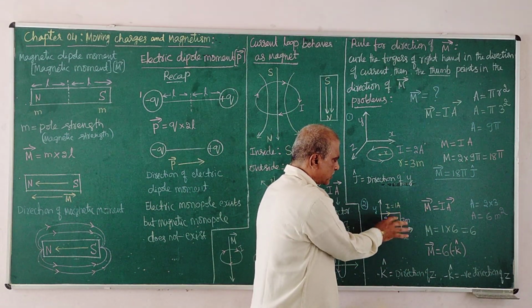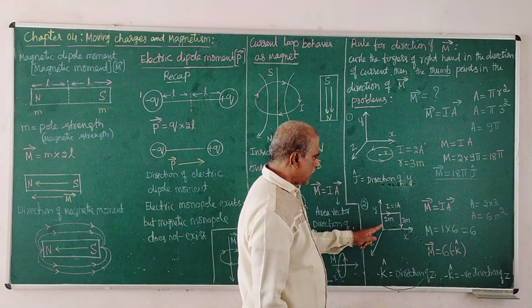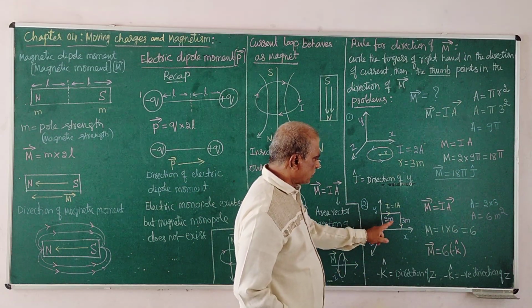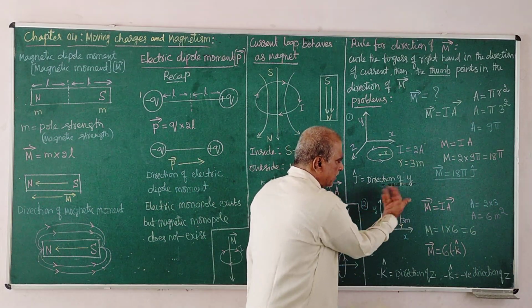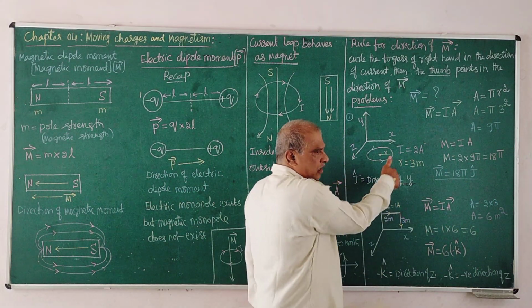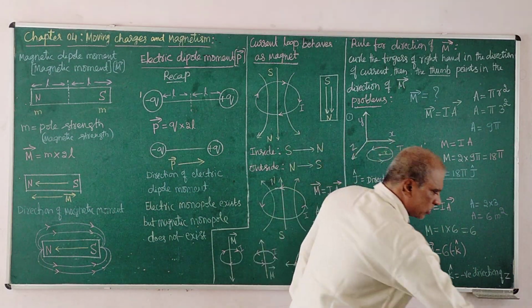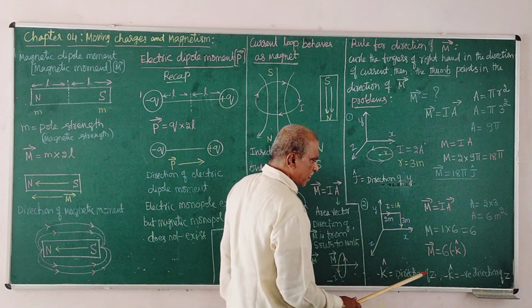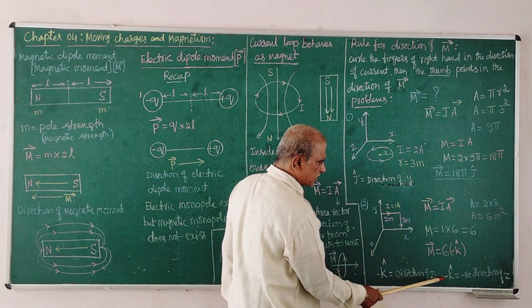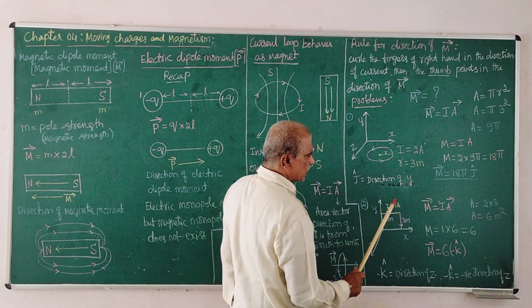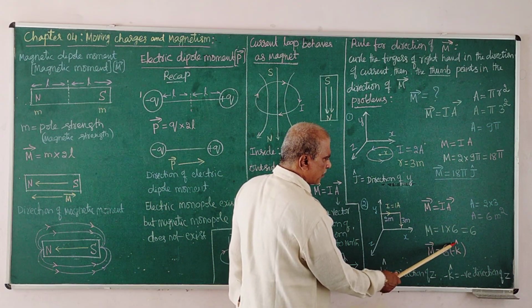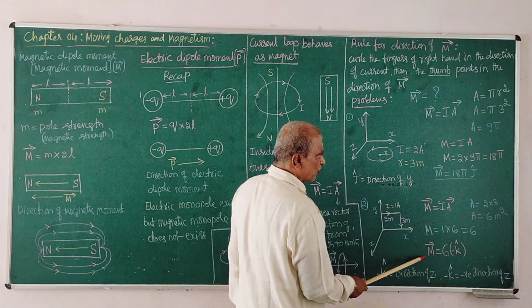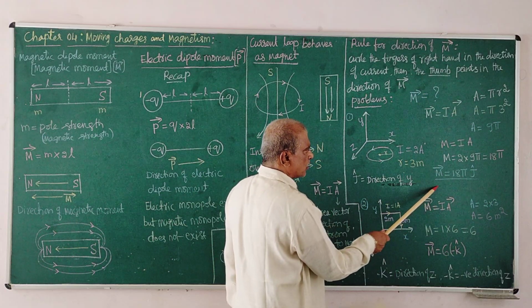M is in the inward direction, perpendicular to the xy plane along the z axis, but not on the positive side, it is on the negative side, the back side. So z is indicated by k, and minus k indicates it is on the negative side. 6 minus k cap is the value of M.